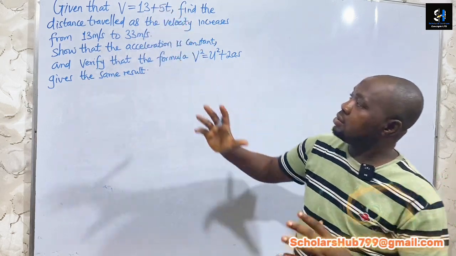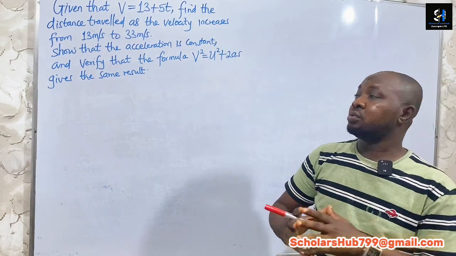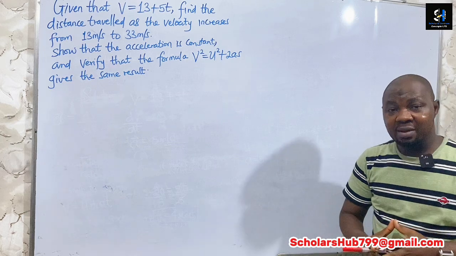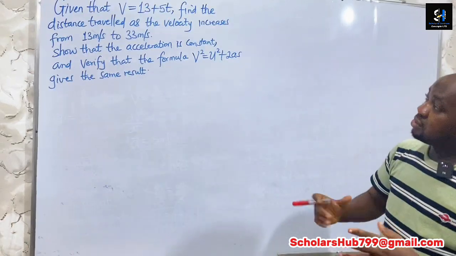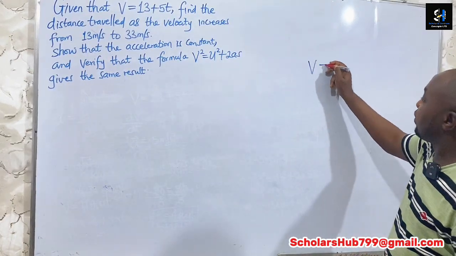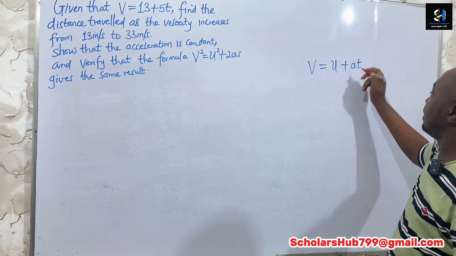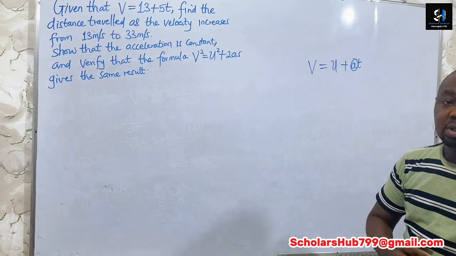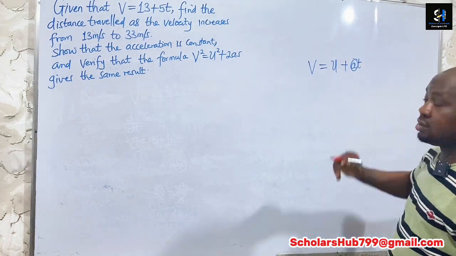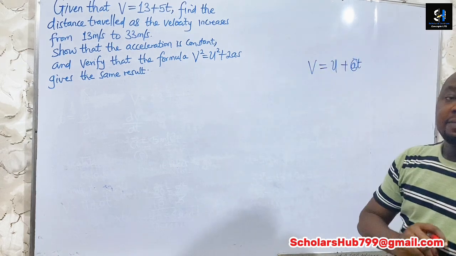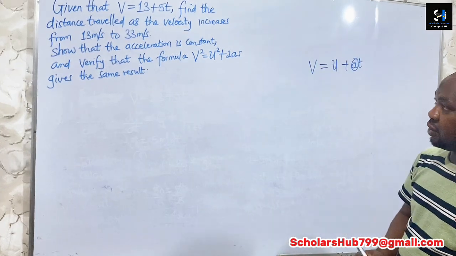When we look at this equation, it can be compared with one of the equations of kinematics, the equation for final velocity, which is v equals u plus at, where a is the acceleration, t is the time taken, u is the initial velocity, and v is the final velocity.